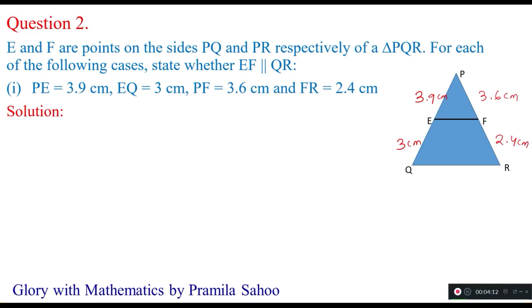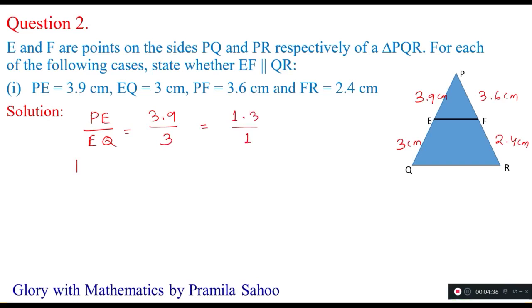So we have to find the ratios of PE to EQ and PF to FR. PE by EQ is equal to 3.9 by 3, which is equal to 1.3 by 1.